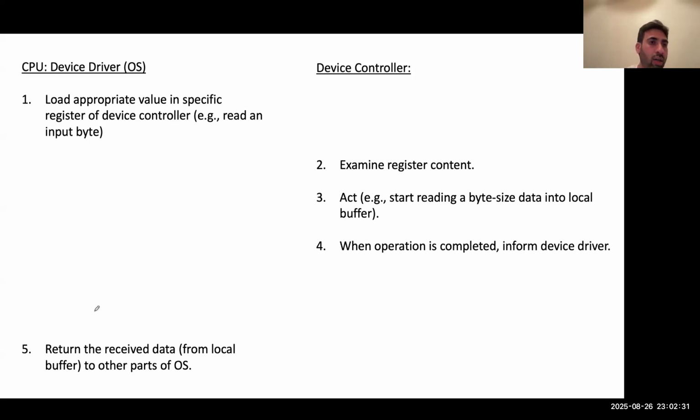Once the device driver is notified, it returns the received data from the local buffer to the other part of the OS. Say you want to copy that data into memory: then another part of the OS, or the remaining code of the device driver, will be responsible for copying the data from the local buffer of the device controller into memory.